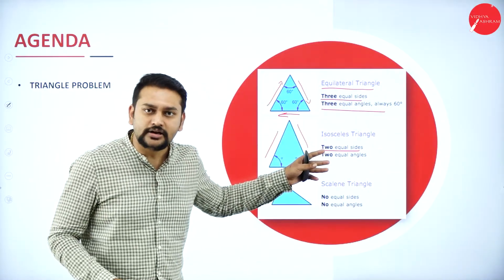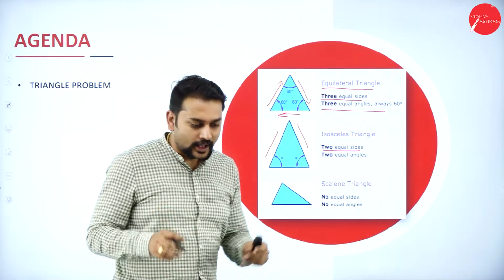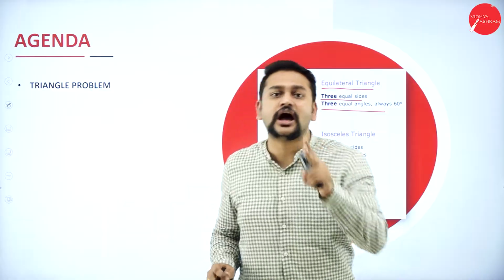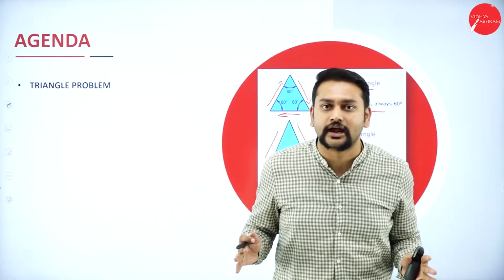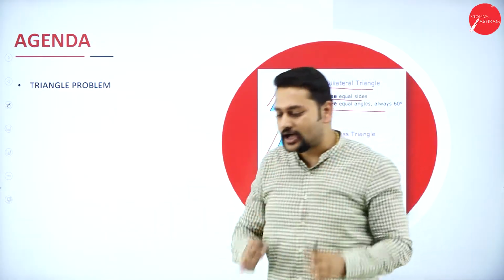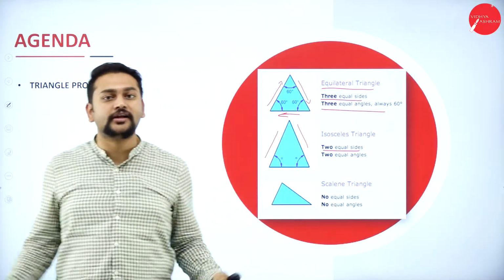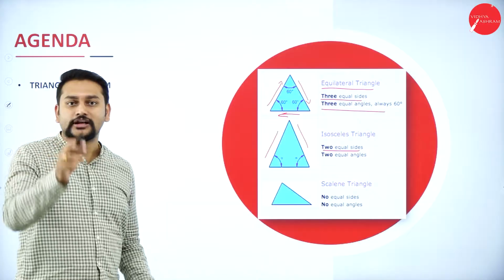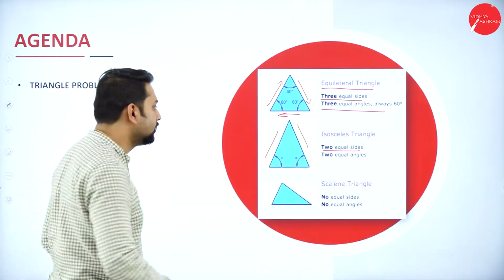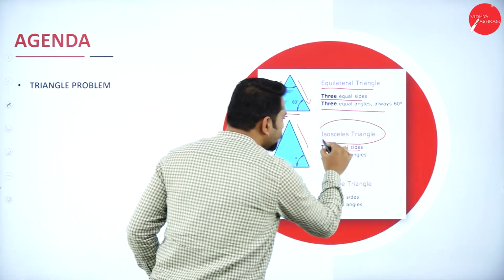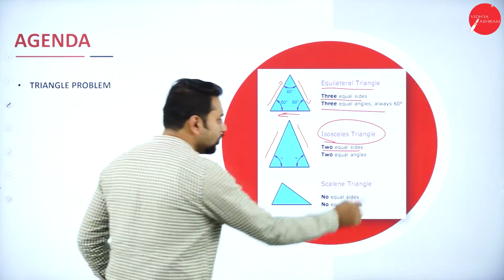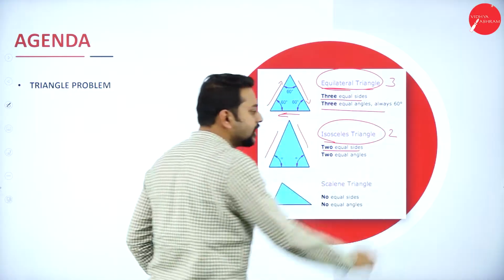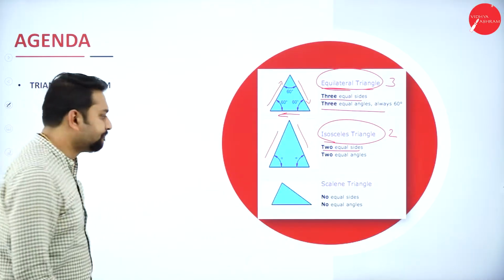Please understand me carefully. If 2 sides are equal, it can be any side. Is that an equilateral triangle? No, it is an isosceles triangle. Please make a note of it. Whenever it comes to isosceles, 2 sides are equal. When it comes to equilateral, all the 3 sides are equal. That's what you need to remember.